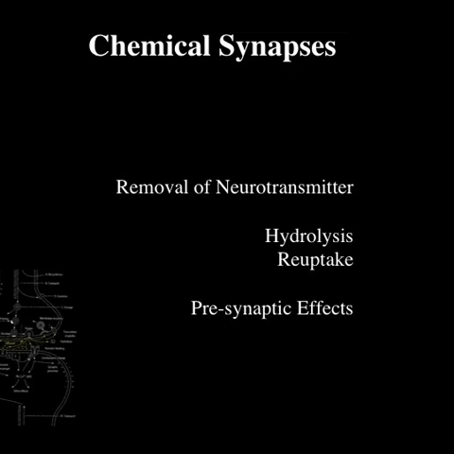As well as having receptors for these neurotransmitters on the postsynaptic membrane, there are often receptors on the presynaptic membrane. And those presynaptic receptors have effects on the presynaptic knob.